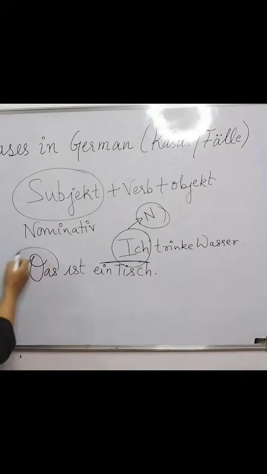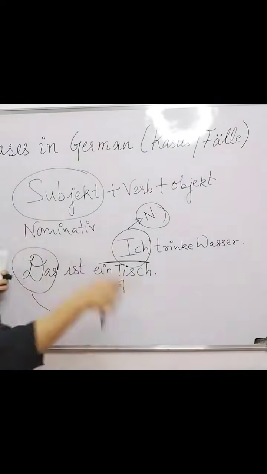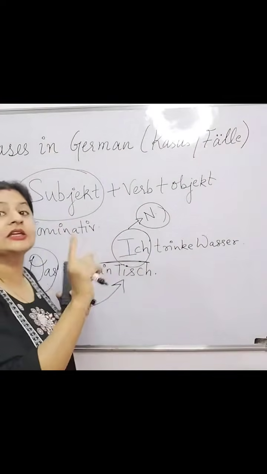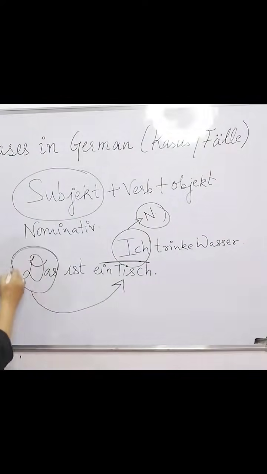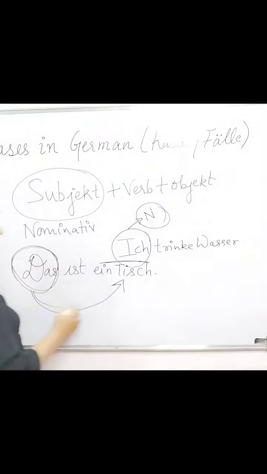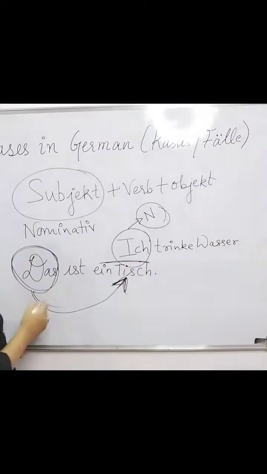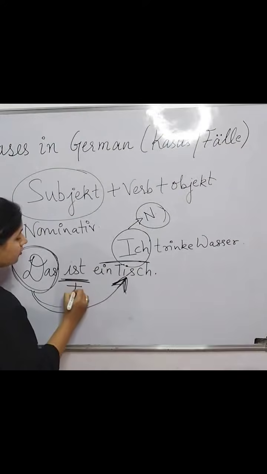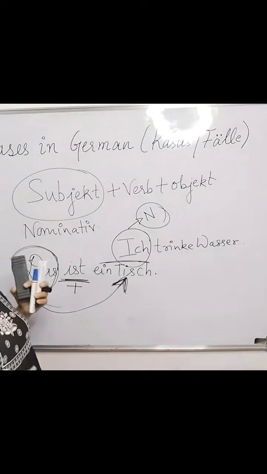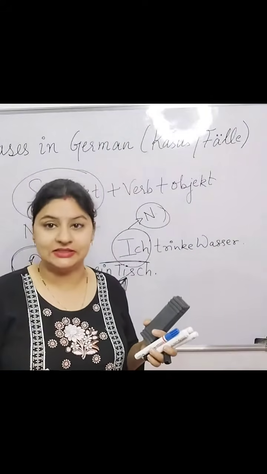Here we are saying das ist ein Tisch. This das is indicating our Tisch. Very important, we are using here a helping verb, that is ist.